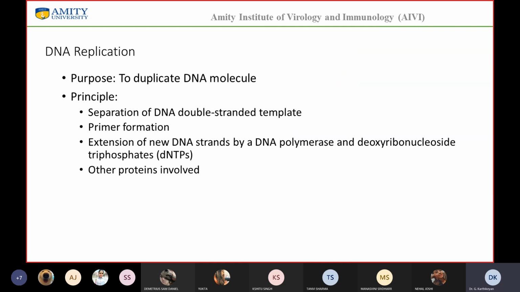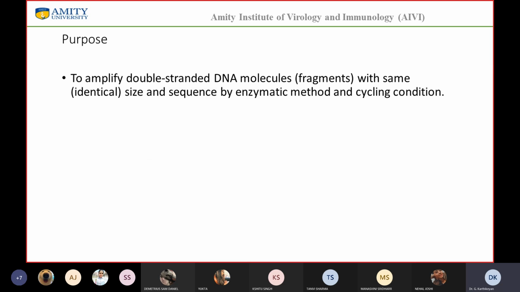Once you allow these complementary oligonucleotides or primers to bind to the regions of interest, you extend or synthesize new strands of DNA by DNA polymerase along with your dNTPs, the 4 dNTPs. In certain cases, you may have other proteins also involved along with DNA polymerase under special circumstances. So that's the principle by which it works.